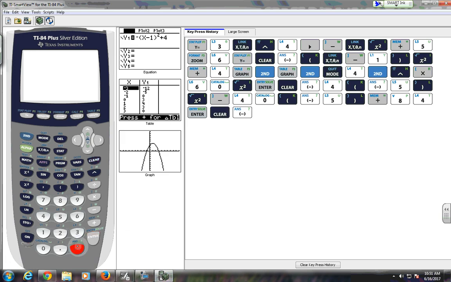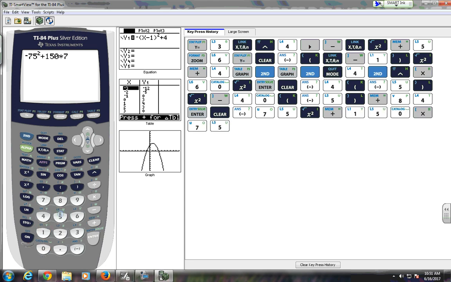So we have, now don't add parentheses that we don't need here. We've got the negative from the function. We're replacing x with 75, so we have negative 75 squared plus 150 times 75 minus 4425.